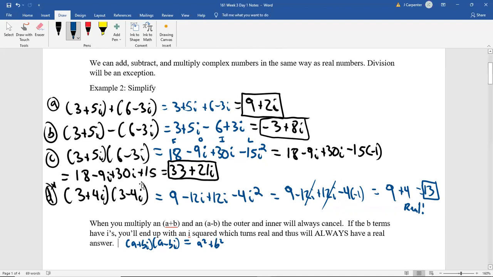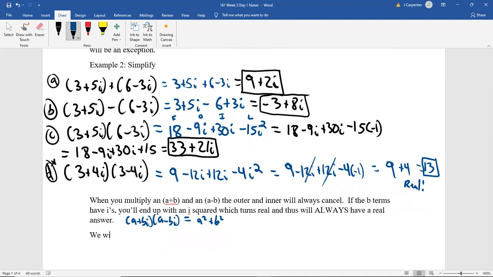We're going to use this fact to trick division of complex numbers. In general, we can't actually divide complex numbers. Why? Just trust me. Take a leap of faith.